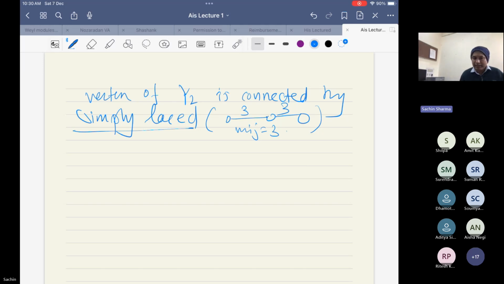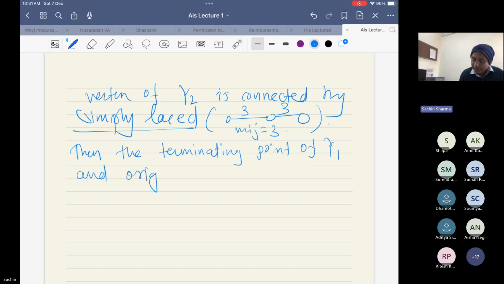Then the terminating point of Y1 and the originating point of Y2 can be shrunk to a point.